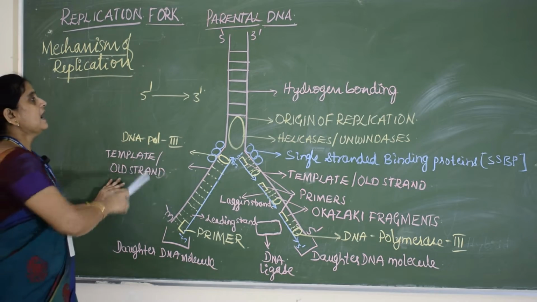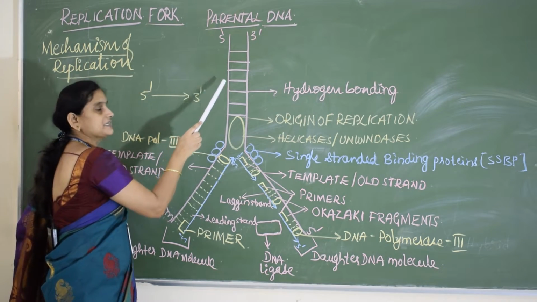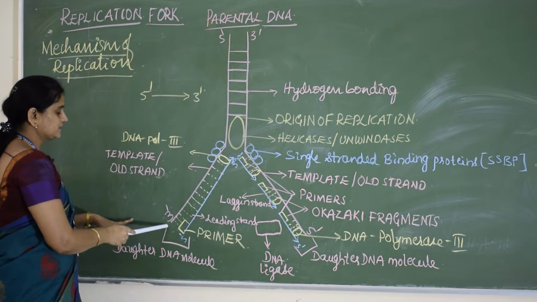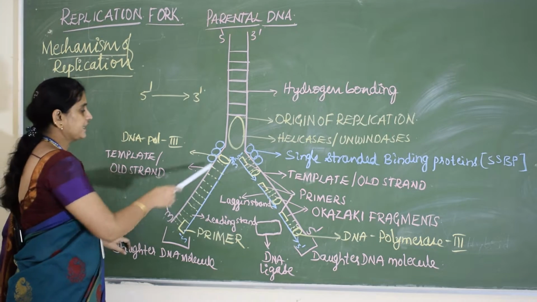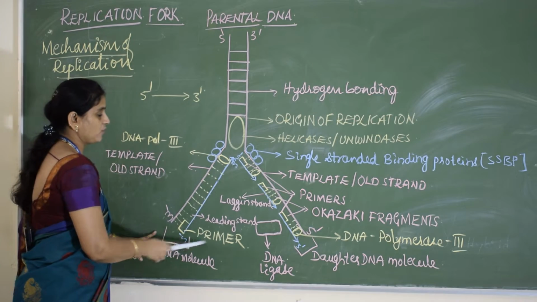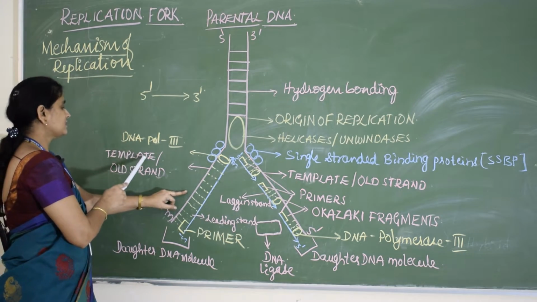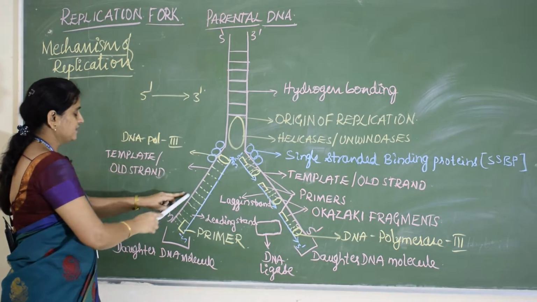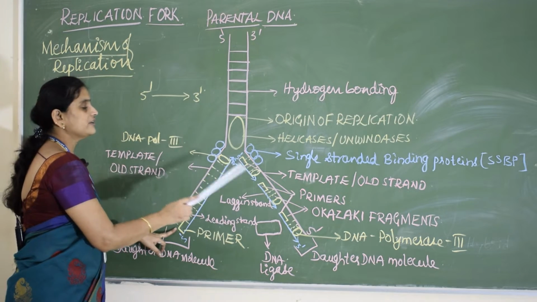Finally, after each round of replication of one DNA fragment, you will find the formation of two daughter DNA molecules. In each daughter DNA molecule, you can find one of the old strands, the template or parental strand, which is conserved, and the other one is only the newly formed strand.